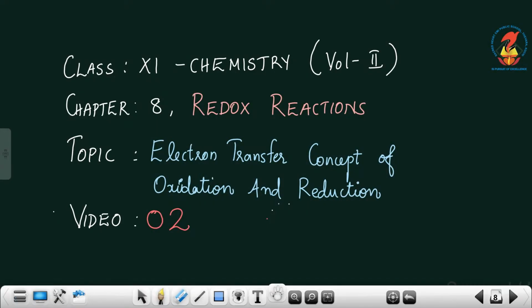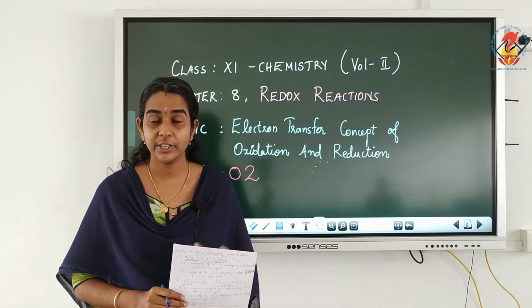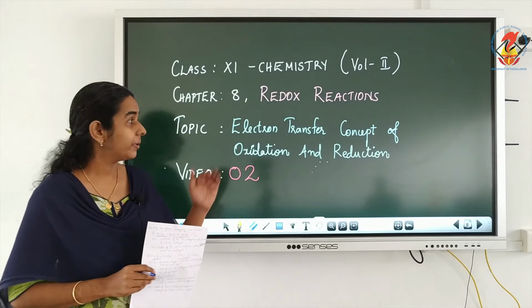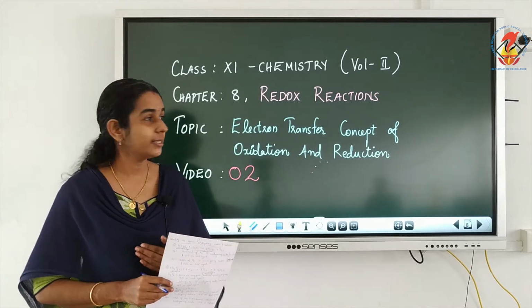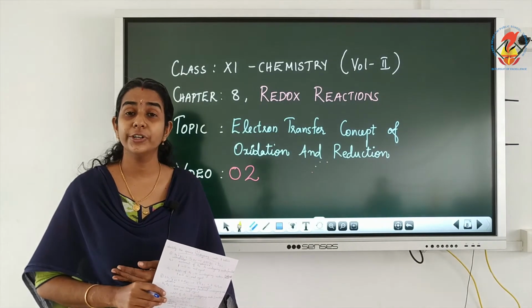In the first video, we studied the classical concept of oxidation and reduction reactions. Next, we are going to study the electron transfer concept of oxidation and reduction, or the electron transfer concept of redox reaction.